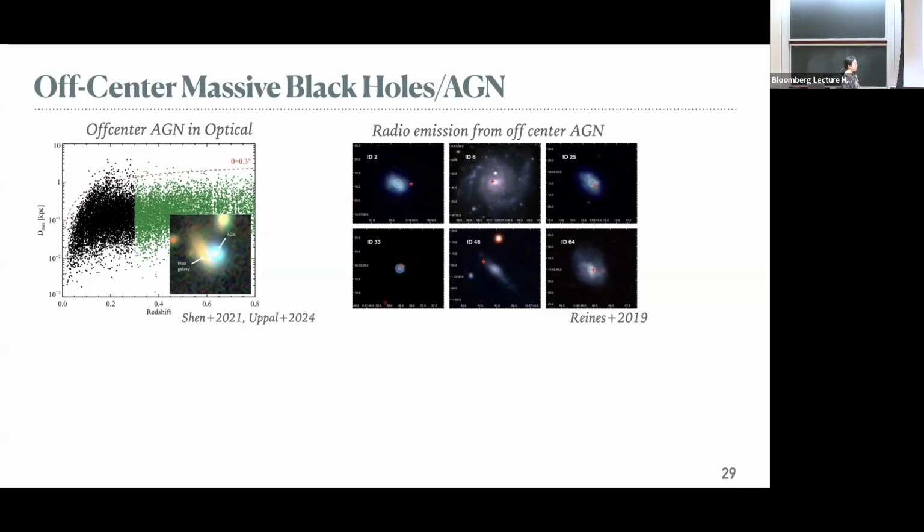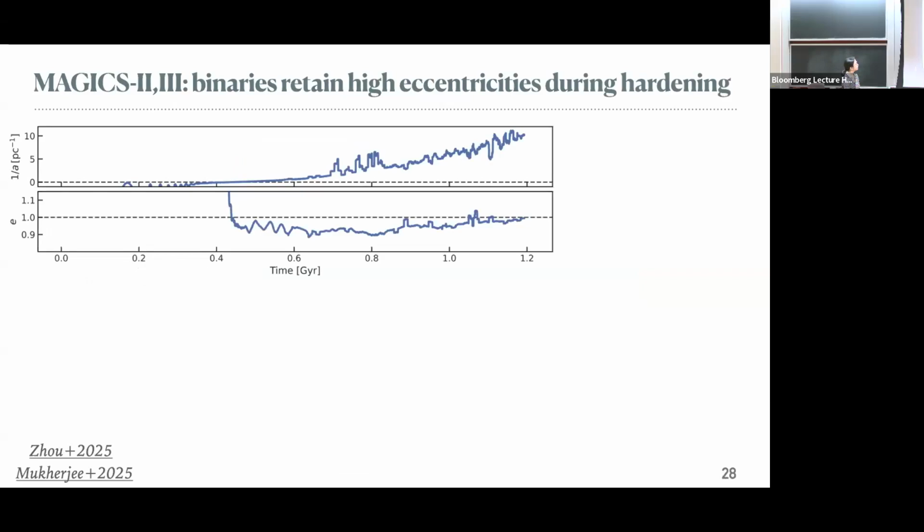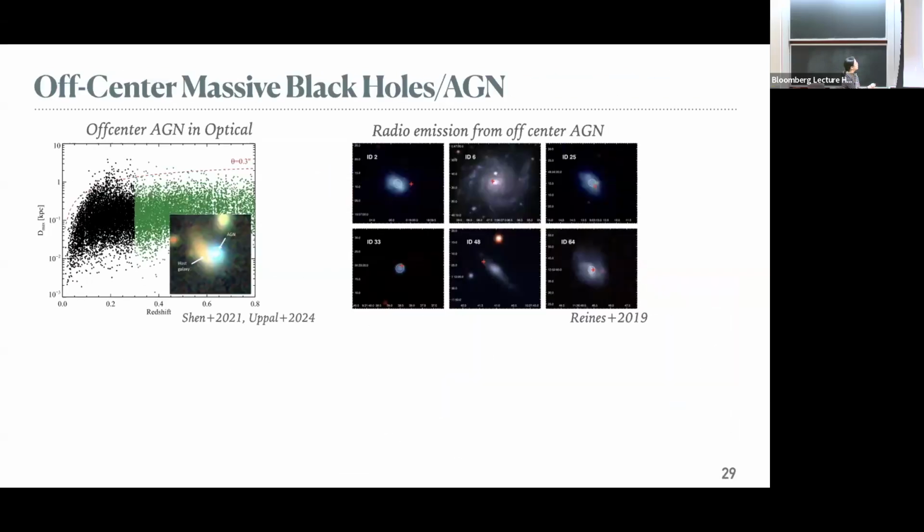So this is very common in these dwarf galaxies. And in many of these cases, there is only radio emission from the off-center black hole, so you cannot see it, for example, in the optical.